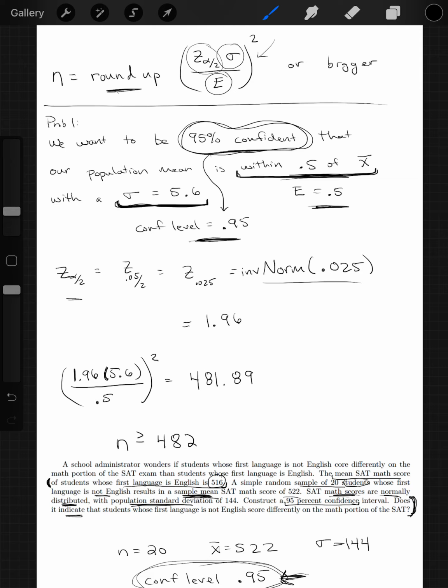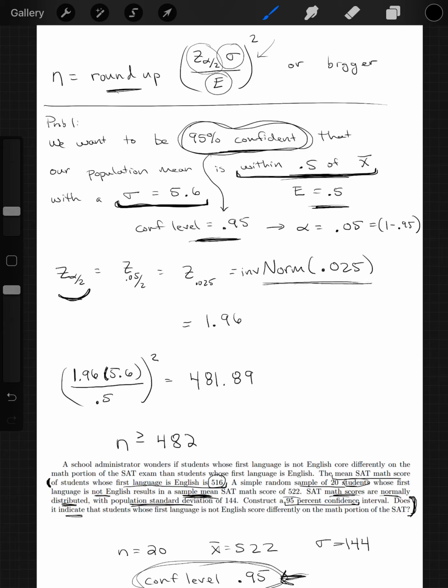So the first thing to do is to find the critical value here. And so we either take our alpha, I guess I didn't write it down here, but our alpha was 0.05, which is 1 minus 0.95.